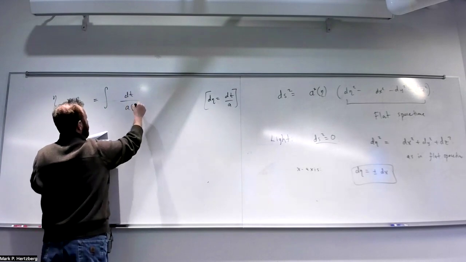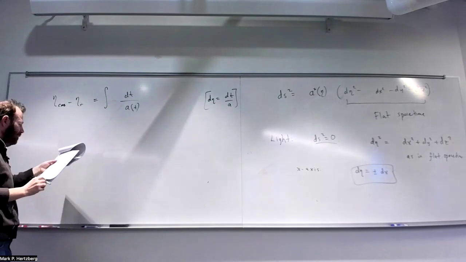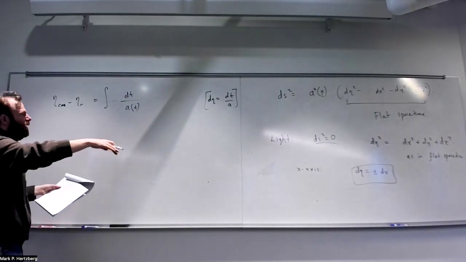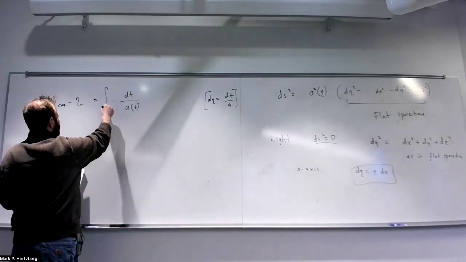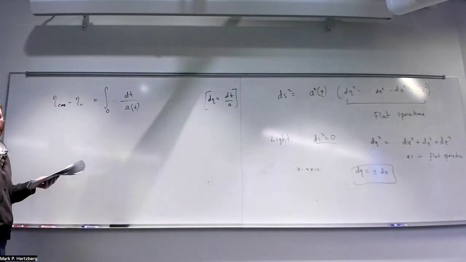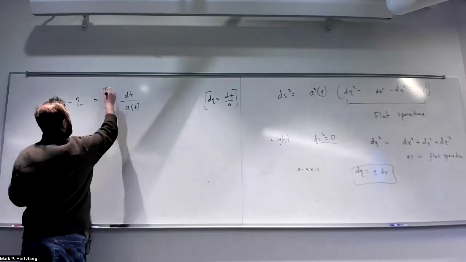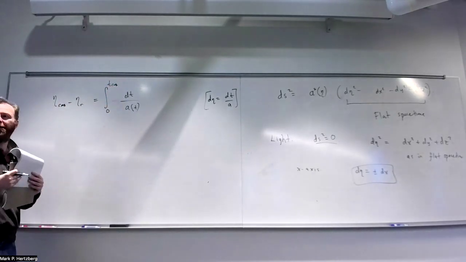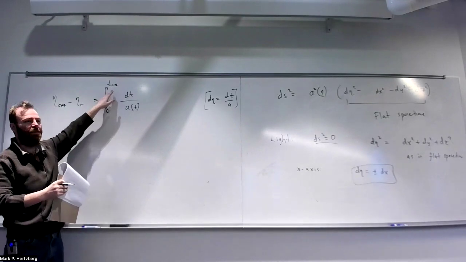And in regular time, I'm starting at the Big Bang. So that was what we usually call t equals 0, up to t CMB. Everyone okay with that? Big Bang to t CMB.